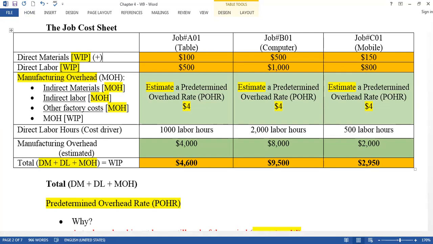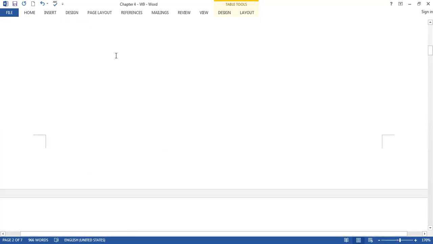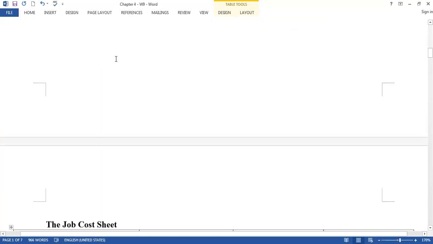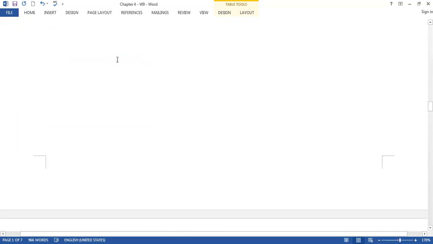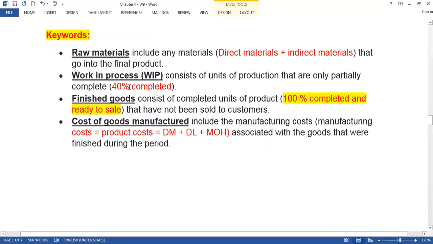If you remember the definition, WIP is partially completed, right?